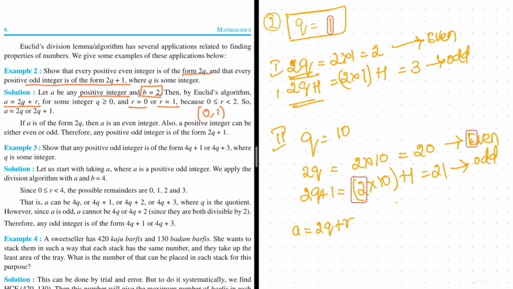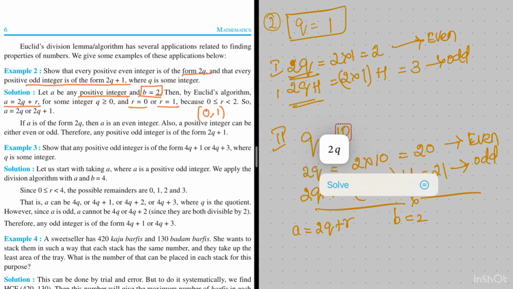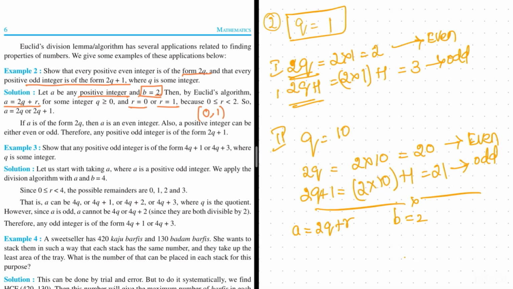Here a is equal to 2q plus r, this we know. Here b value is 2, so r can have two values, that is 0 and 1. When r is equal to 0, a will be 2q.